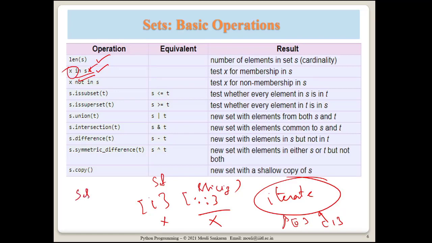Similarly, if I have a set with some elements and I iterate over it, and then I add some more elements and iterate again, the order in which the items come will be different.